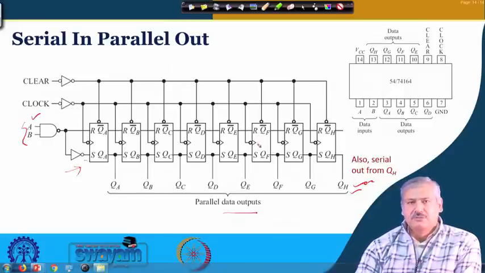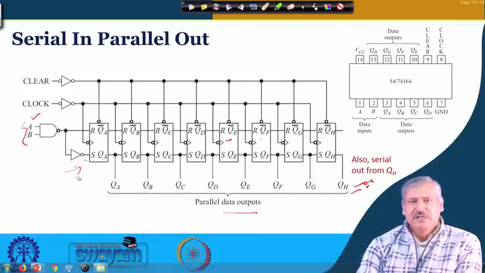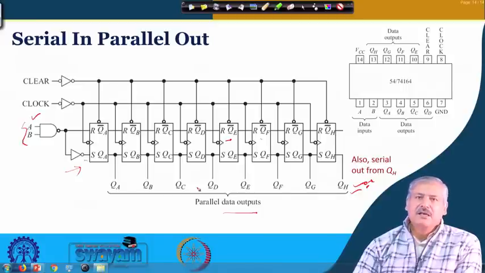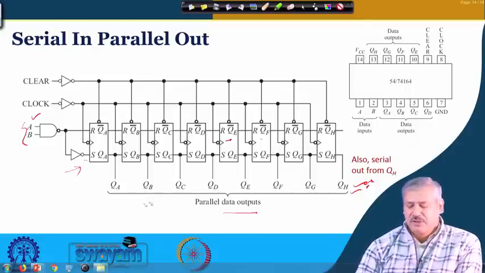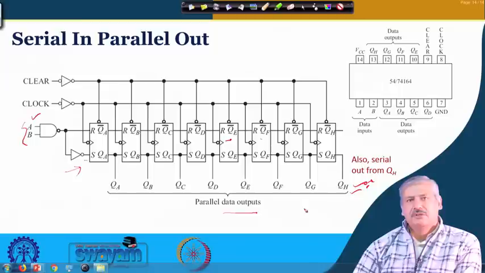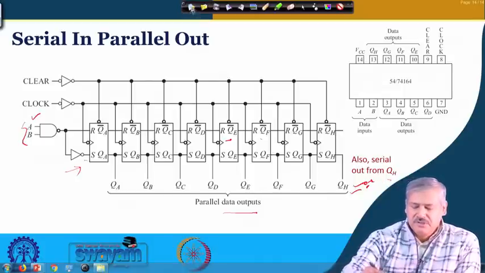After one more clock, QF will be available here. After another clock, QE will be available here. That way also you can read all of them by triggering the clock, but it will require more clocks, and you already have the option of parallel reading. But it is also possible to read serially through QH.